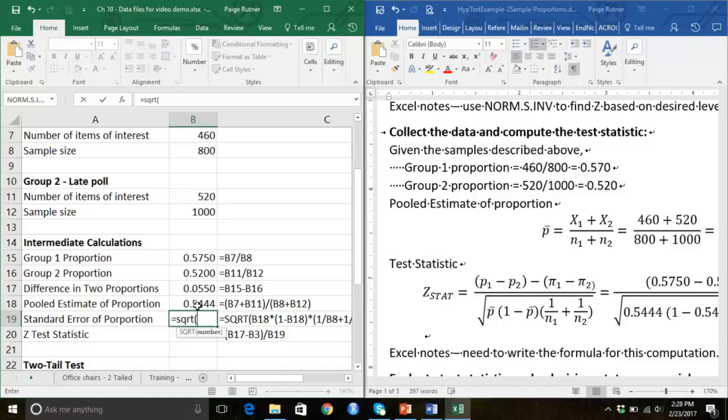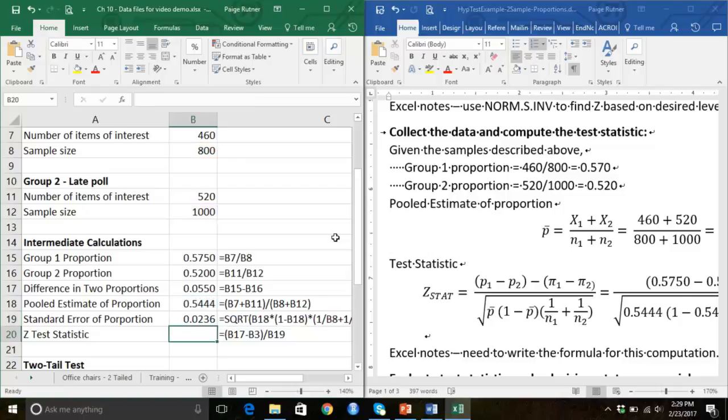So we can do that all at once, especially since we've got our p-bar computed, our pooled estimate. So p-bar is here in cell B18. Multiply that times 1 minus the p-bar, and then multiply that times 1 divided by the sample size from the first poll, plus 1 divided by the sample size from the second poll. Close the parentheses on that computation, and then close the parentheses on the square root function.